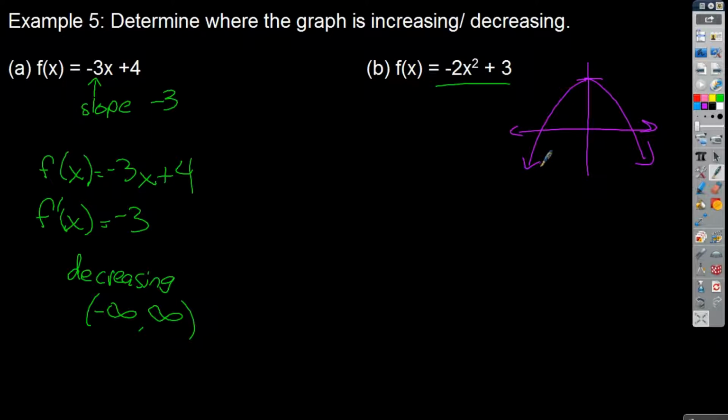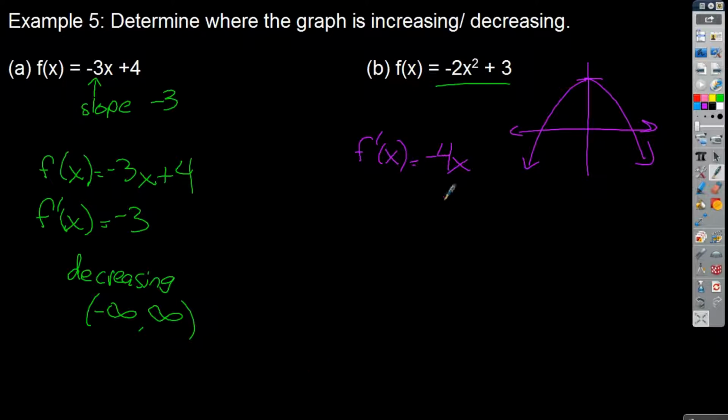B is a downward facing parabola that's raised 3 points above the x-axis. So I know it's going to look like this. I do have an idea of where it's increasing and where it's decreasing, but let's go through the calculus steps here. So all I'm going to do is find f prime of x equals negative 4x. Since the graph is going to be increasing when the slope is positive, I don't have anything to solve for here.